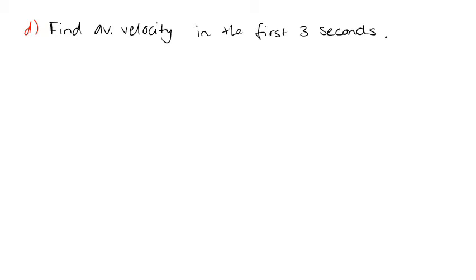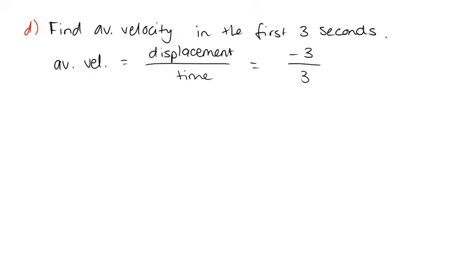And how many seconds has it taken? 3. So -3 over 3. Average velocity equals displacement over time. It's gone from 0 to -3 over 3 seconds, so -1. If our units were meters, it'd be meters per second.